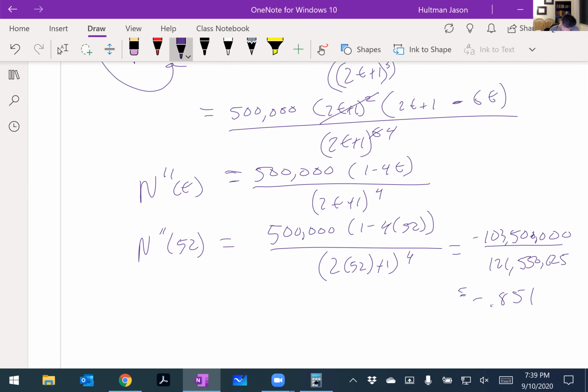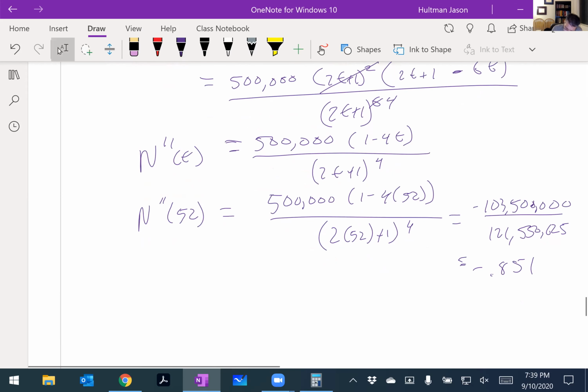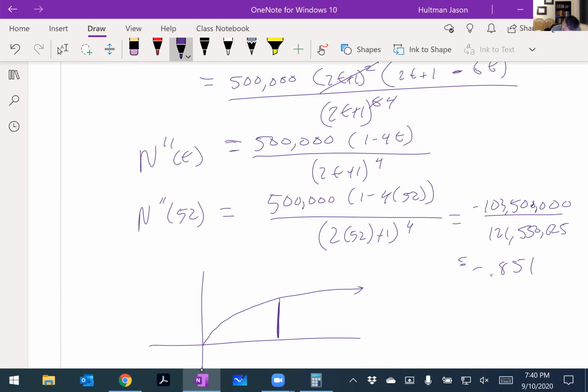Okay, and what the heck does that number mean? That's what I want to know. Well, let's look at our scenario here, where we start selling a lot of smartwatches in the beginning and it kind of tapers off. So what is the second derivative actually telling me? Well, the function value n of t is how many watches I sold, the number of watches.